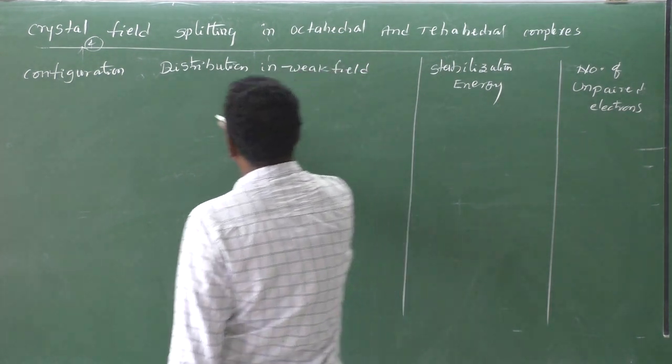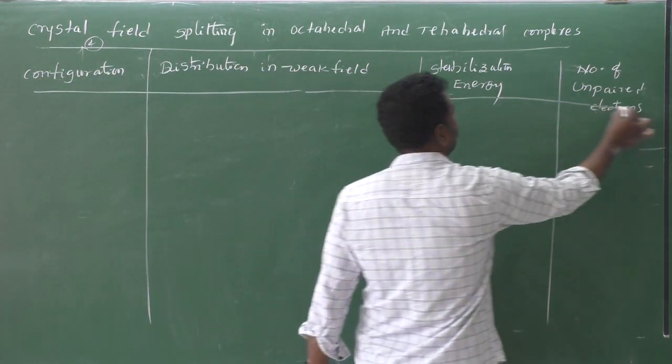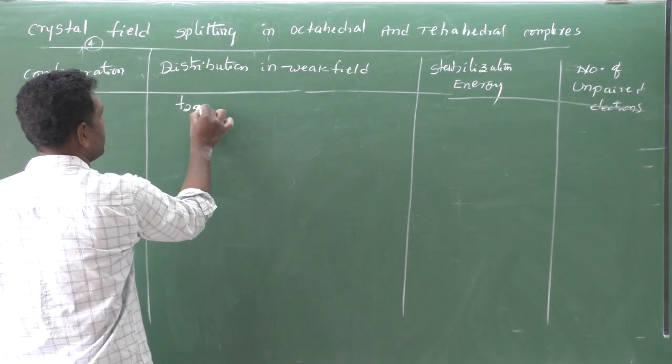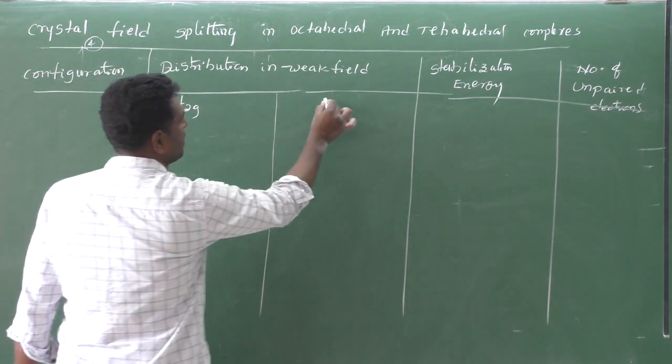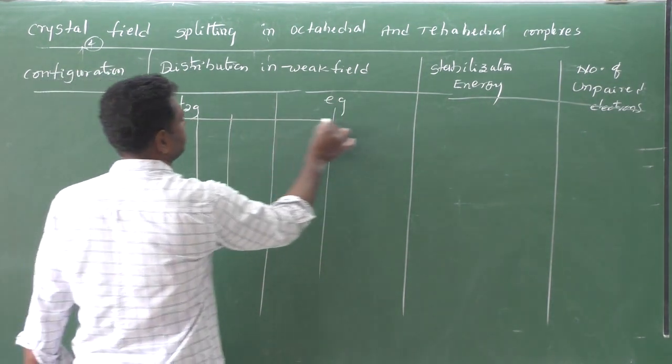Here this is for weak field ligand. So in case of weak field, how much? Here also T2g and Eg. So Eg for 2 and here 3.